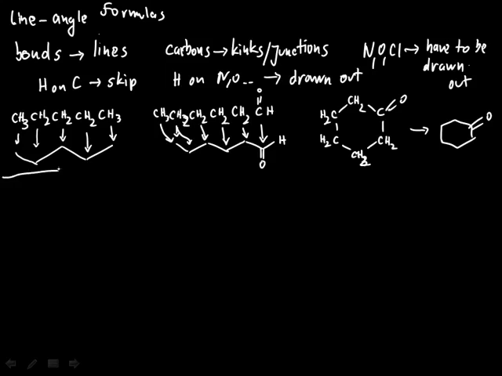Now we'll talk just briefly about the so-called molecular formulas. And these are really not nearly as detailed as the classes of formulas we drew before. They simply represent the number of atoms of different kinds.